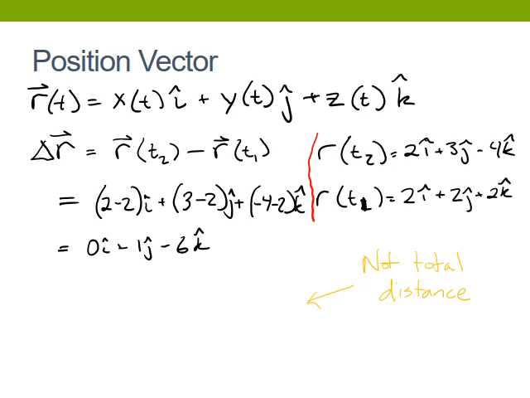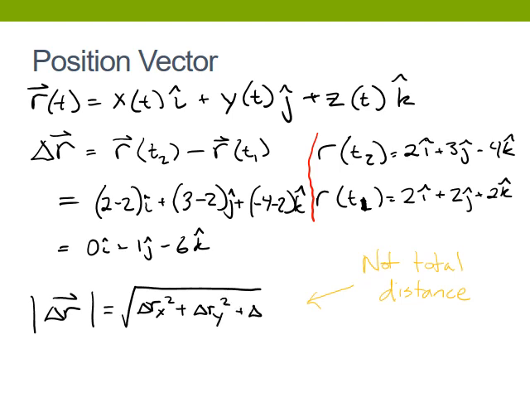The distance now is just the magnitude of my displacement vector, as it was before. To find my distance, I would use the Pythagorean theorem, and take my x component squared, add it to my y component squared, and my z component squared.